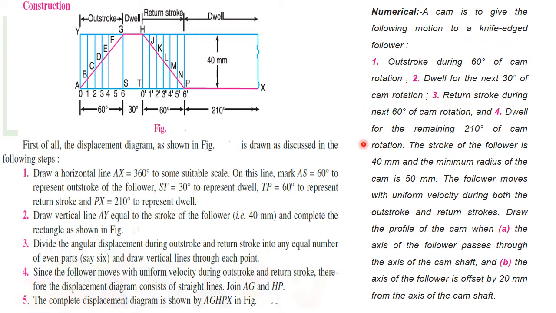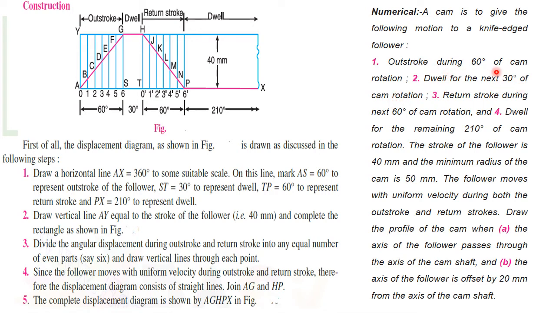The following data are given. First, the out stroke during cam rotation is 60 degrees. It means that the rising stroke is 60 degrees as the cam rotates clockwise. Dwell for the next 30 degrees of cam rotation.